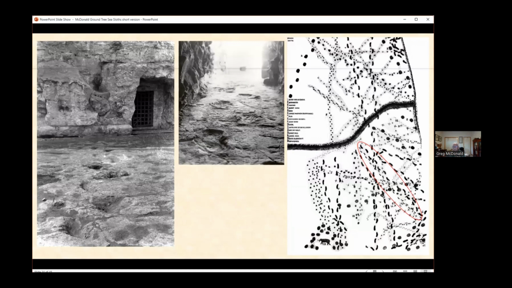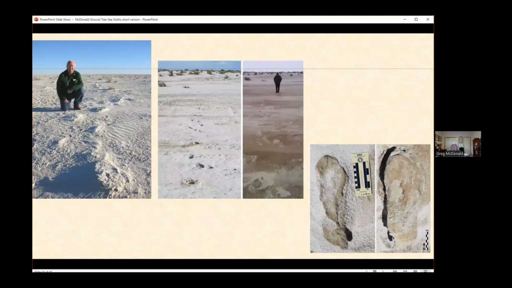And these were originally thought to be tracks of a giant human wearing moccasins. That goes back to passages in the Bible that there were giants in those days. But we now recognize that these tracks are from a Mylodont sloth.